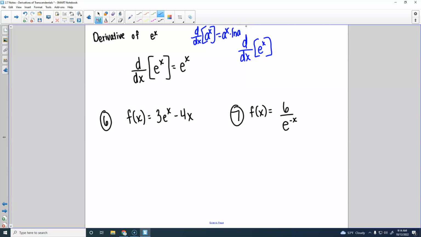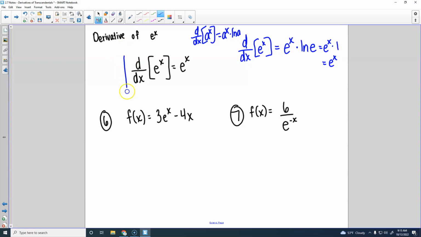It's actually not a different rule, because the derivative of e to the x would be e to the x times the natural log of e. But what is the natural log of e? It is 1. So it's e to the x times 1, which is e to the x. So it is actually the same rule. It's just natural log of e equals 1. So we will just have e to the x.